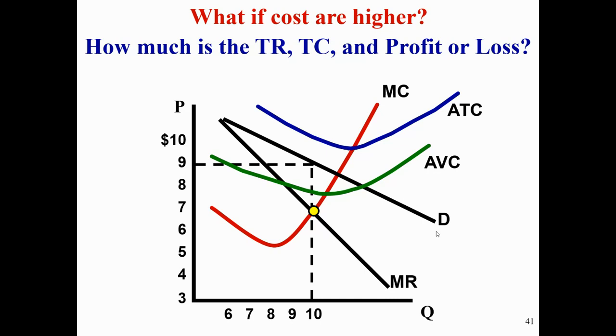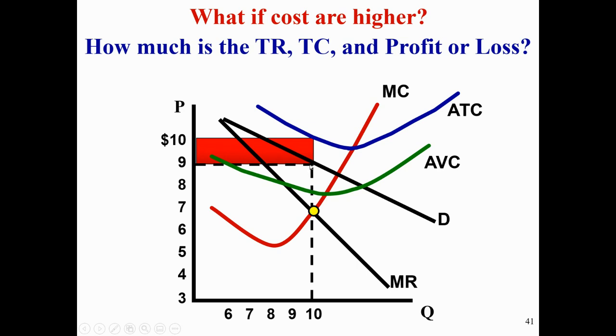Great. So there will be a loss, right? And the loss is exactly here, since where my MR equals MC is my desired point for production. So I'm producing 10, my quantity is 10, okay?